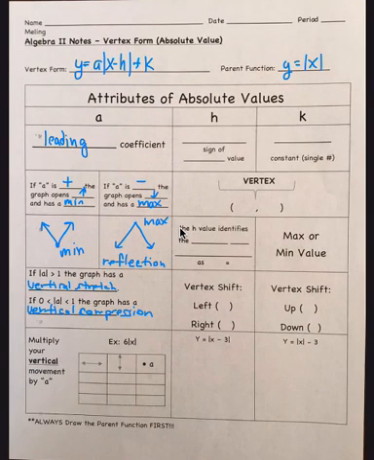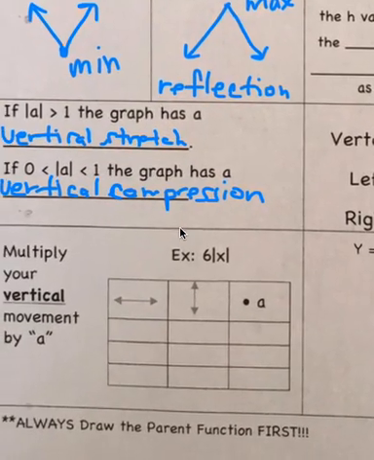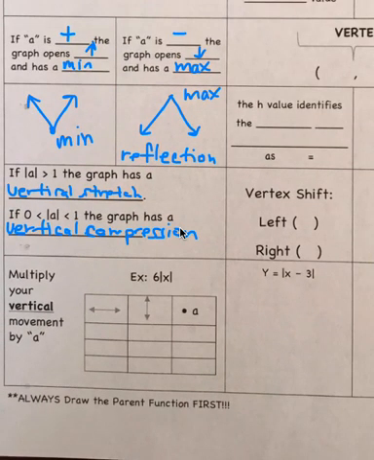So how that works, if we look, we always multiply your vertical movement by the value for a. So normally, in these equations, when x moves 1 to the right, y moves up 1. When it moves 2 to the right, it moves up 2. When it moves 3 left or right, it moves 3 up. But now, because a is 6, we have to multiply our x times 6 to get our new y value.